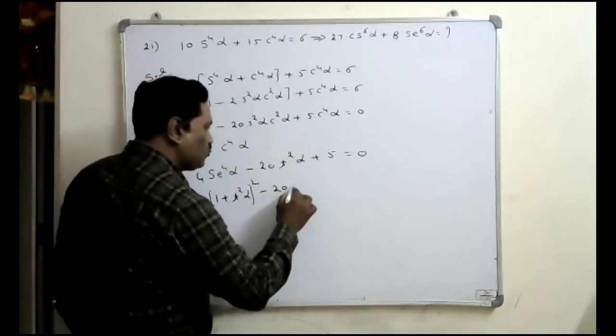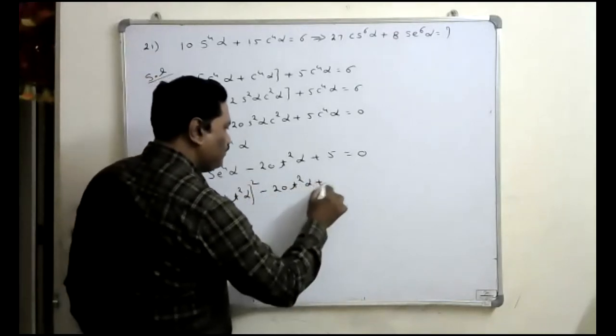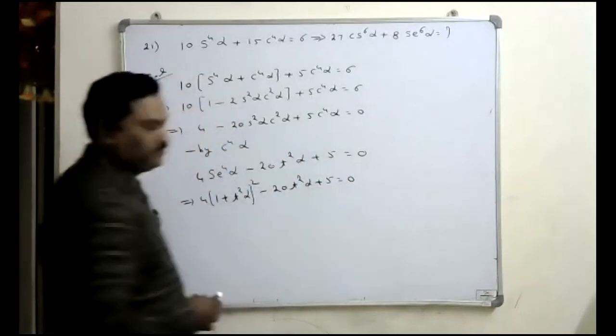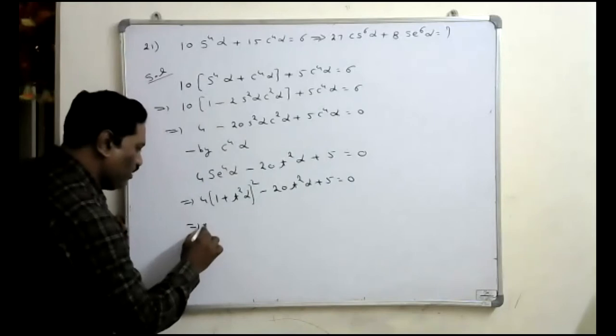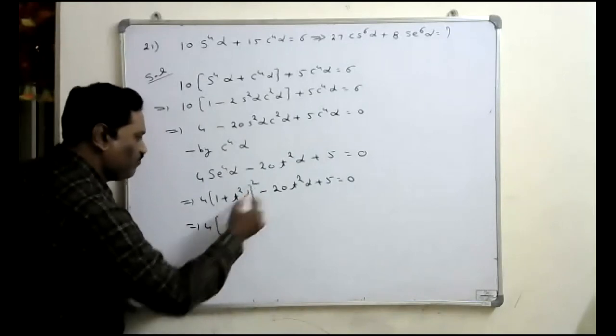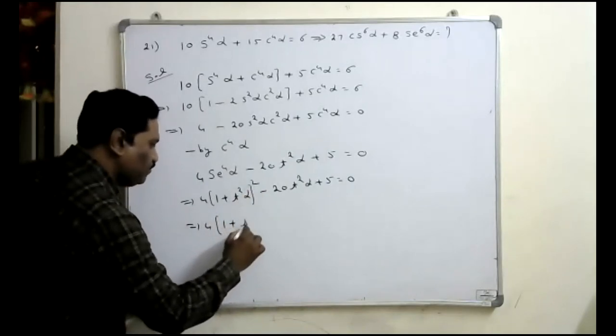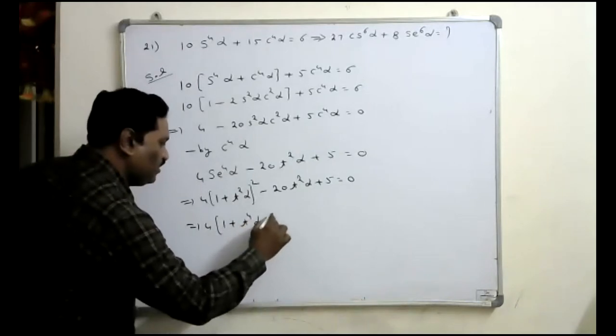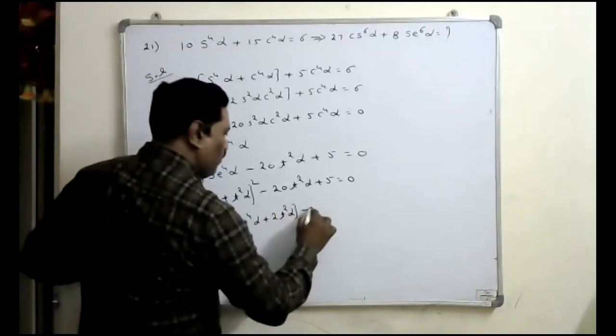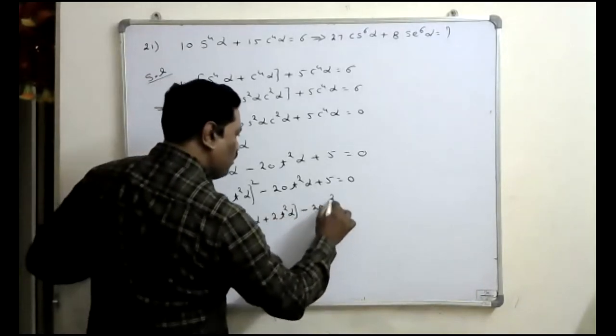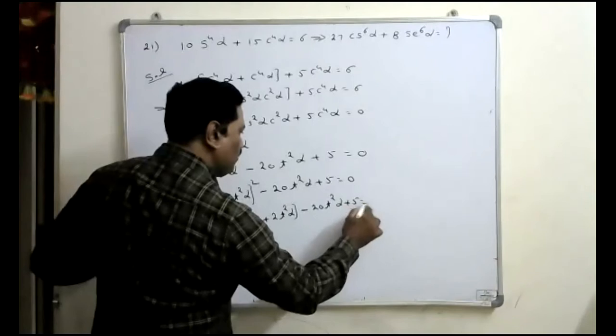Minus 20 tan square alpha plus 5 is equal to 0. Okay. Now if we expand this, which is 4 into, it is (a plus b) whole square form, which is a square plus b square plus 2ab, that is 2 tan square alpha. It is the expansion of that. Minus 20 tan square alpha plus 5 is equal to 0.